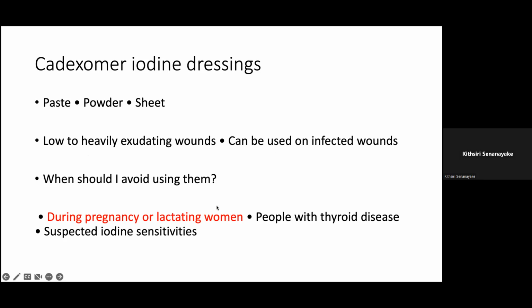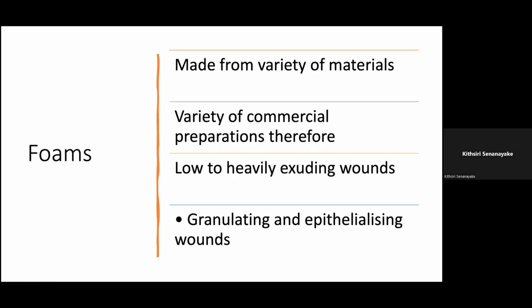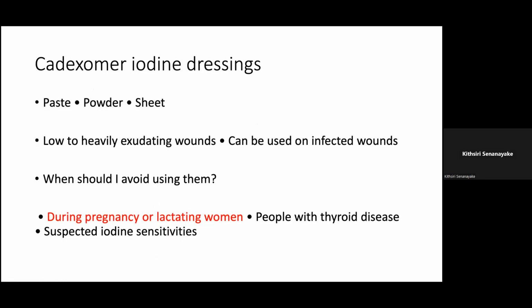But you should avoid iodine products during pregnancy or in lactating women, and in people with thyroid diseases. Also, some people are allergic to iodine products. The commercial preparation of cadexomer iodine is Iodosorb. It currently exists as a cream and powder.